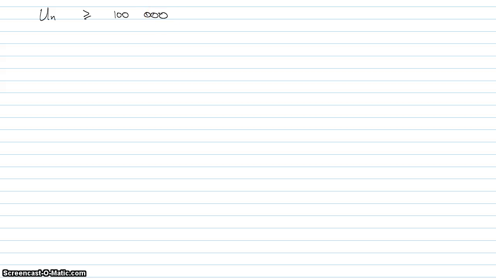If you recall, my r is equal to the fifth root of 1084 over 933, and U1 is equal to 46,650. Not sure if I'll need them, but I'll just leave them up there anyway. Well, actually, it turns out I do need them, because I know that this Un is going to be a r to the n minus 1, and I want that to be greater than or equal to 100,000.